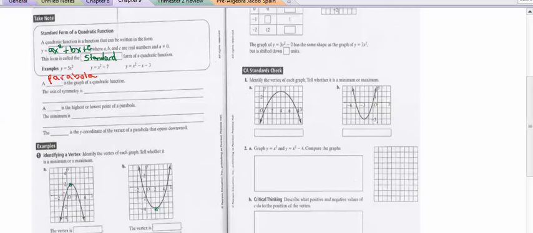This is a parabola. Right here is a parabola. These are all graphs of quadratic functions.